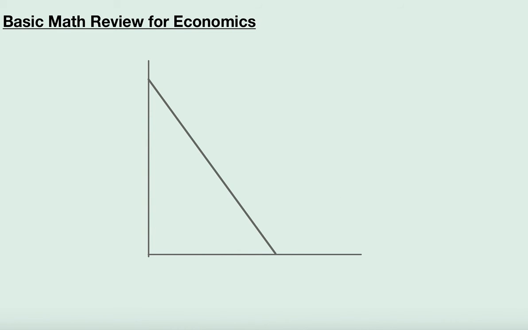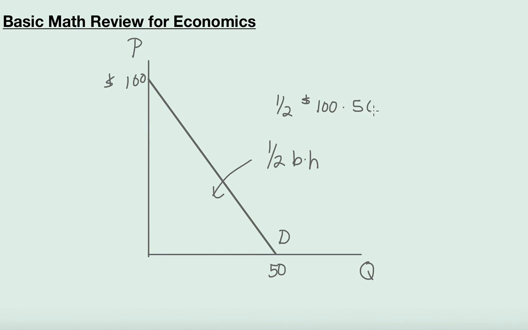Obviously, if this is our demand curve, we would be able to find that 1/2 the base times the height of this triangle is going to give us the area under the curve. So if this is our price and this is our quantity, if we find out that this is $100 and the quantity is, let's say, 50 units, then we could figure this area out: it's 1/2 the base, it doesn't matter which one you use, times 50 units.